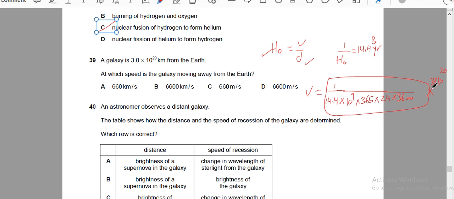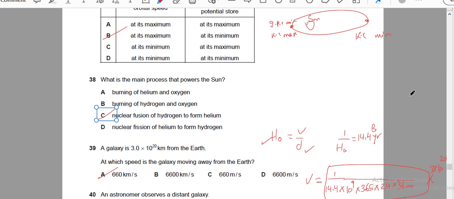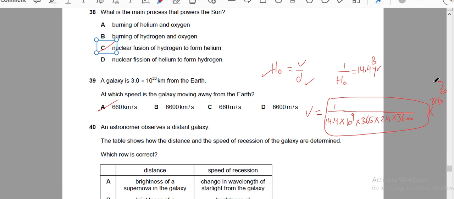Use your calculator, you will find the answer is 660, but you should choose the kilometer per second one, not the 660 meter per second, because here we used the value in kilometer. We haven't converted it to meter.